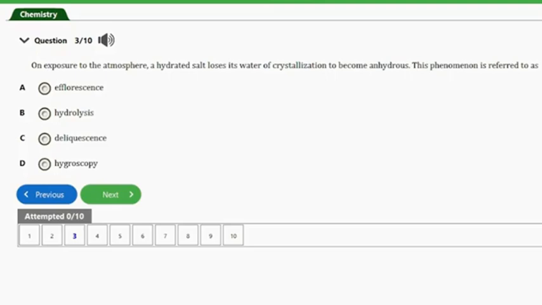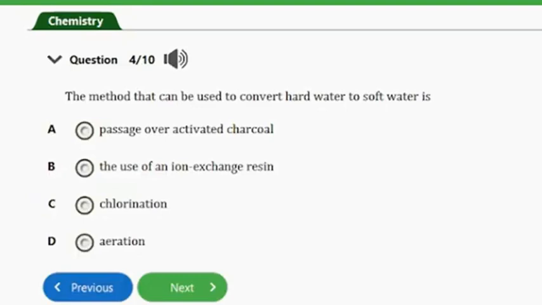So guys, the answer to this question is option A, and that's efflorescence. Actually, efflorescence is the process through which hydrated salts lose all or part of their water by crystallization to the atmosphere.